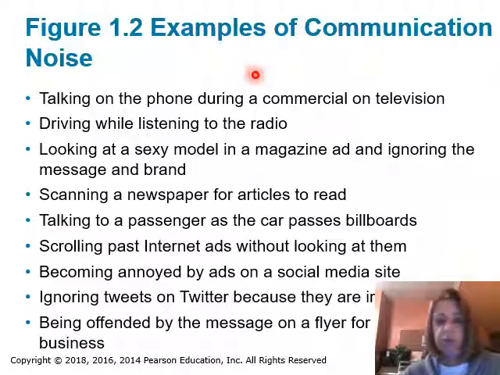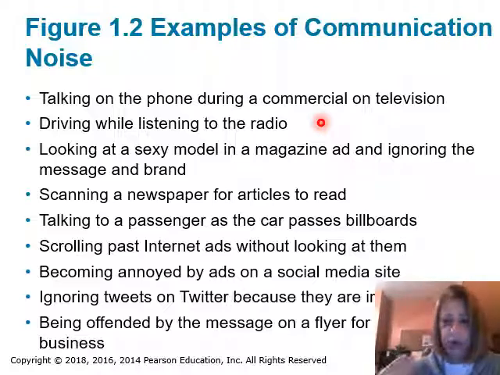Maybe someone's talking or texting on a phone during a commercial, and we see that going on a lot. Maybe they're driving while listening to the radio. How many times have you been driving down the road and you really haven't even heard what's been going on in the radio? It's just kind of background noise.